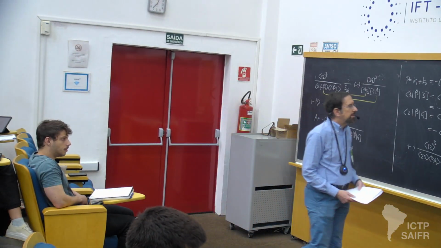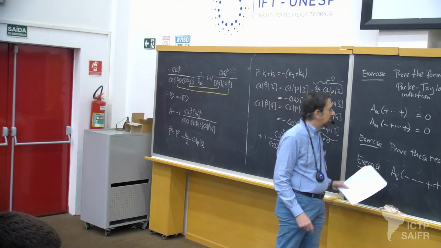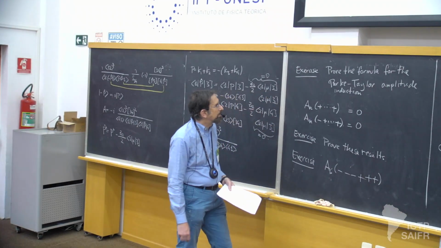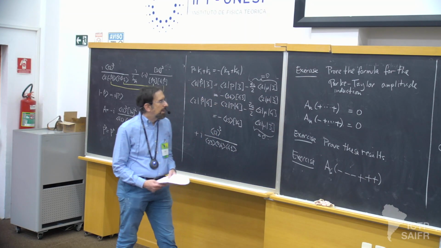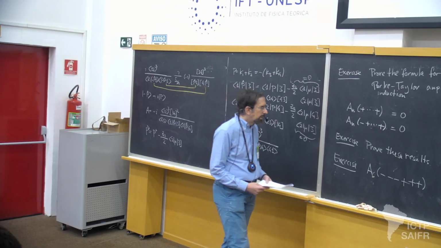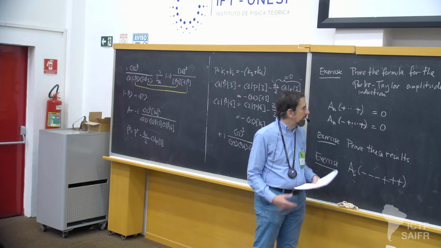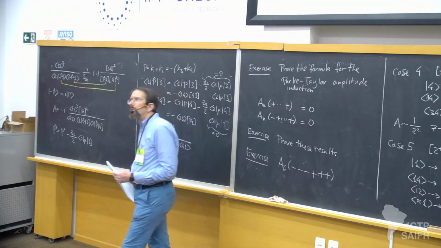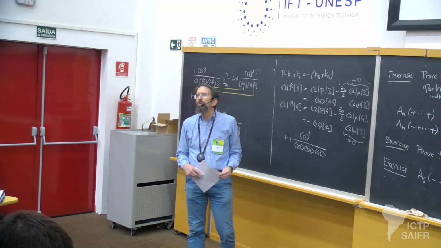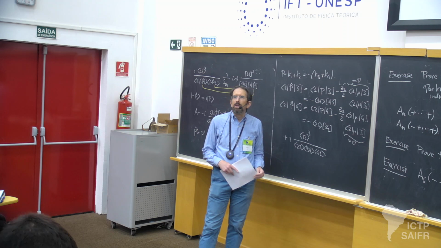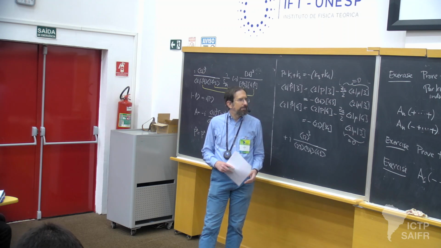And this, in a sense, is the first amplitude, the simplest amplitude, where you'll see a multi-particle pole. And it has actually quite a simple form, and you can check that in the old review article by Mangano and Parke to see if you've gotten the right answer.